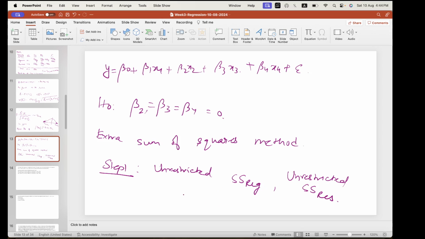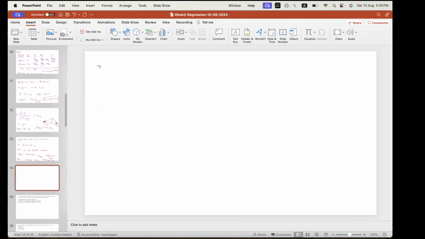And then step 2 would be to calculate restricted SS due to regression or restricted SS due to residuals. Alright, and then step 3 would be one of the following.